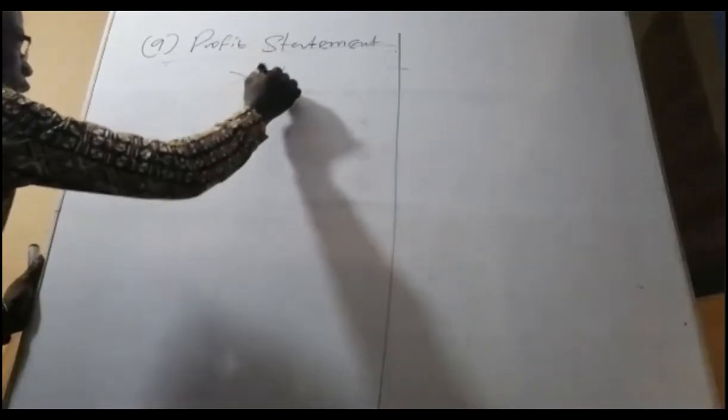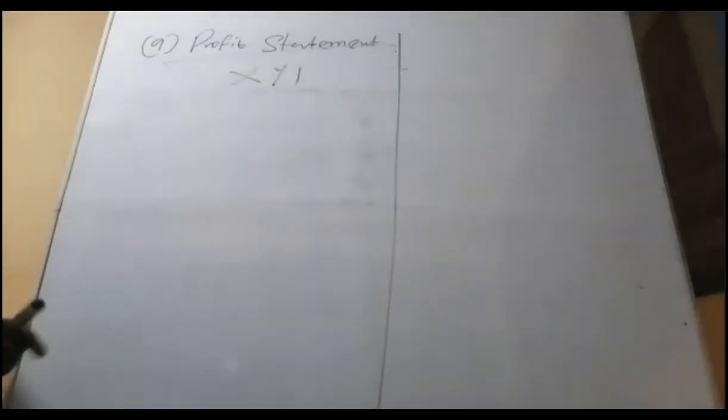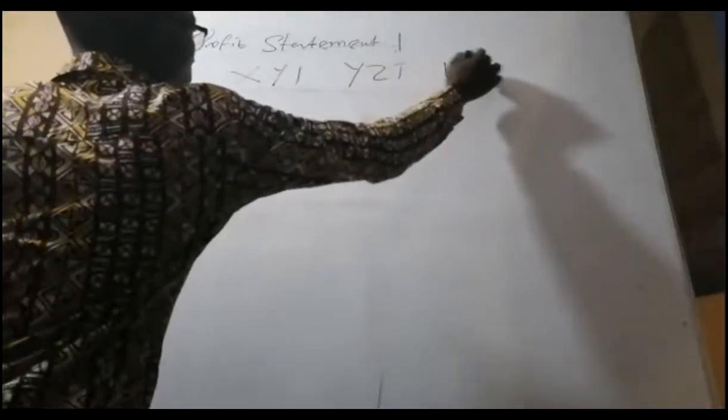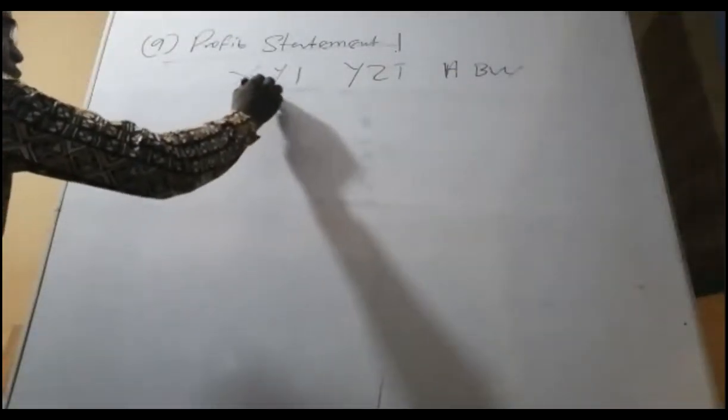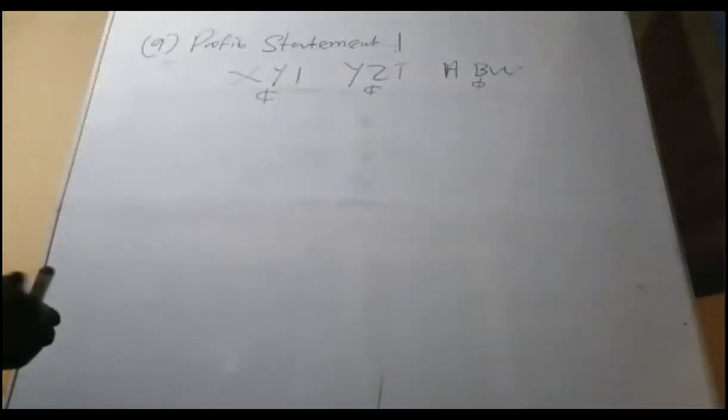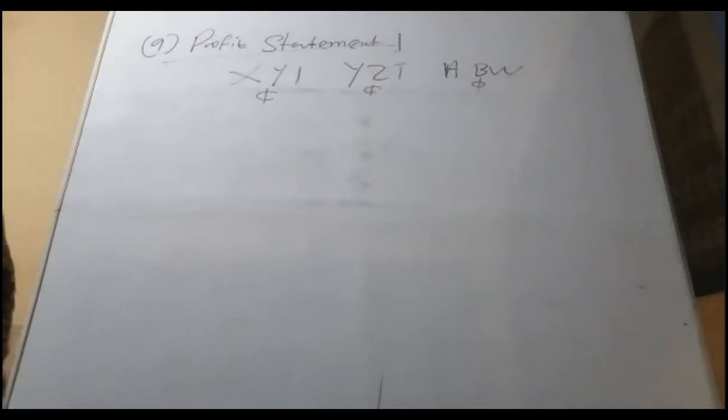X, Y, Z. So it means that I need a total column and the reporting currency. That is, I've set a tone for the solution.